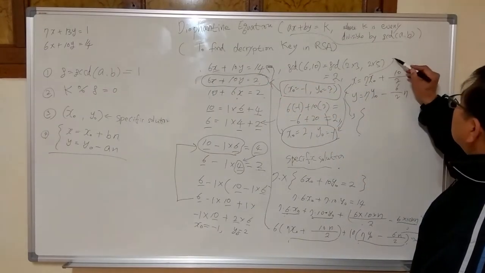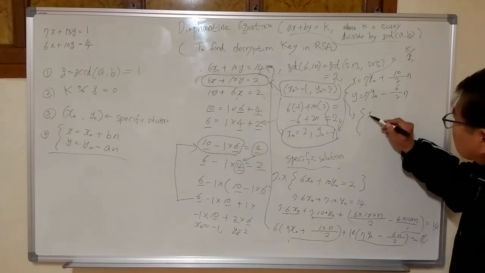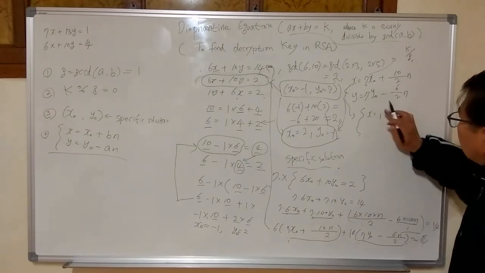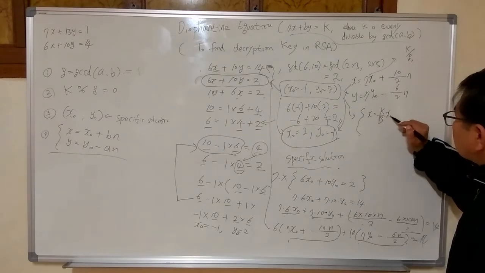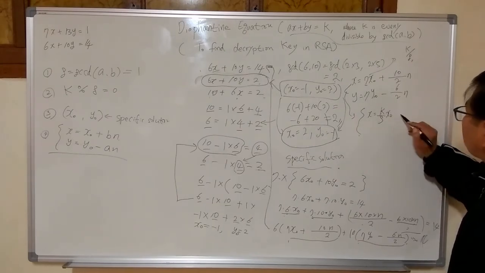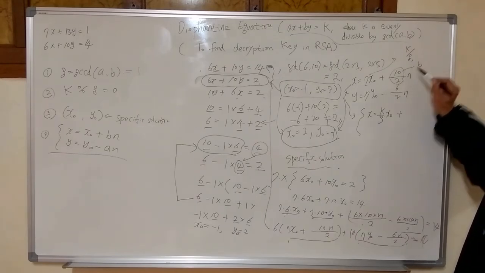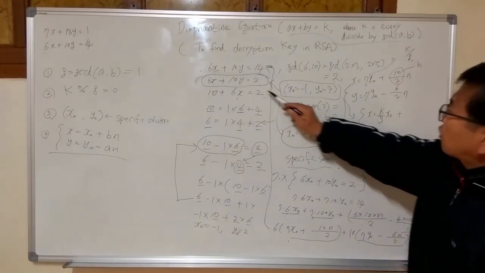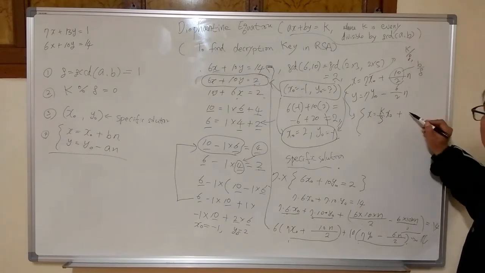So 7 is better written as k over g. So x equals k over g x0 plus, if we watch this carefully, this is b here, and 2 is g. G means greatest common divisor.